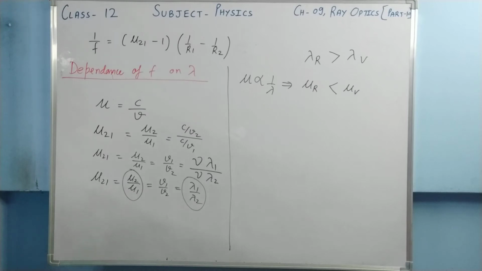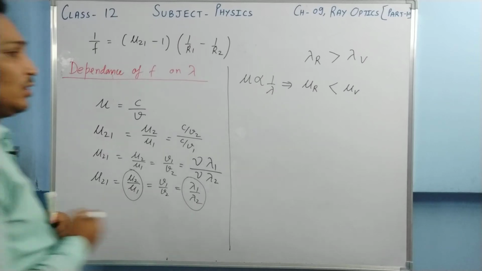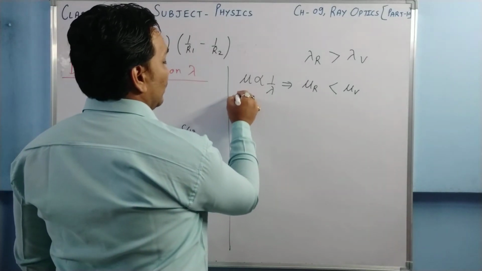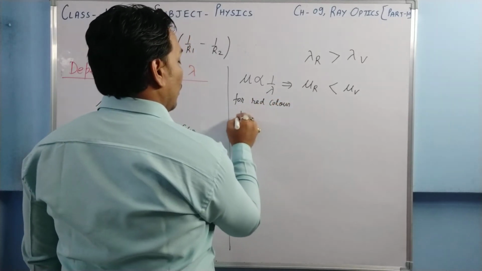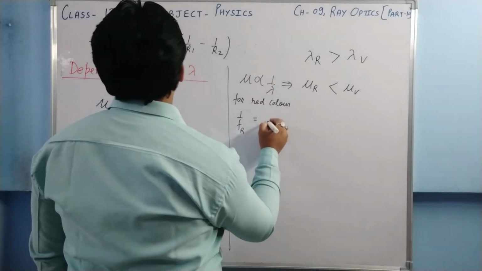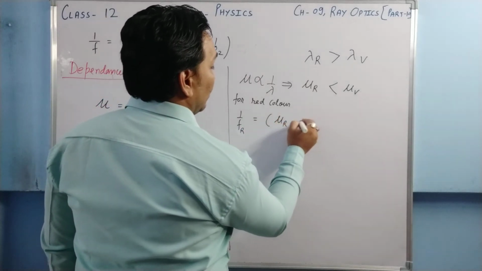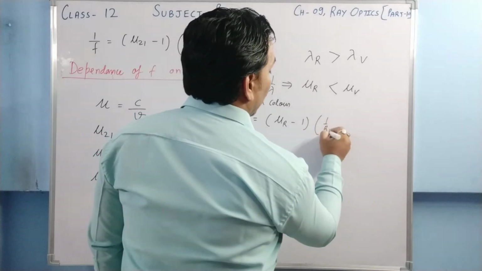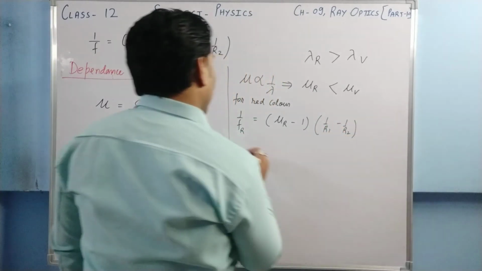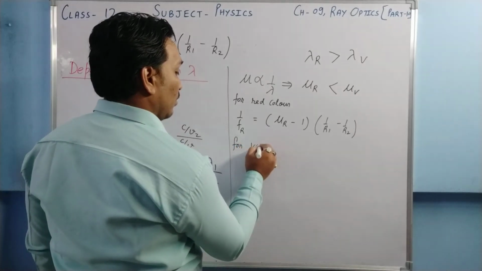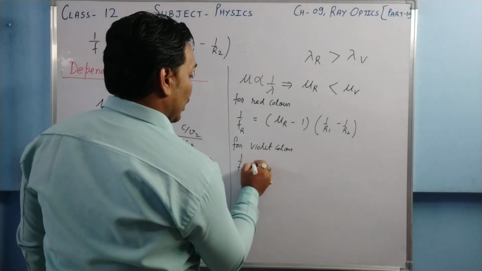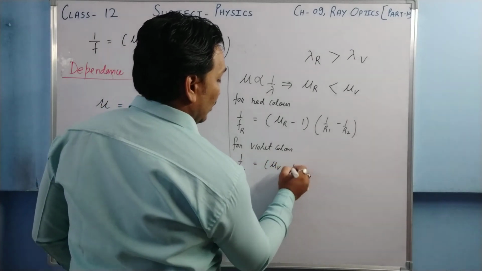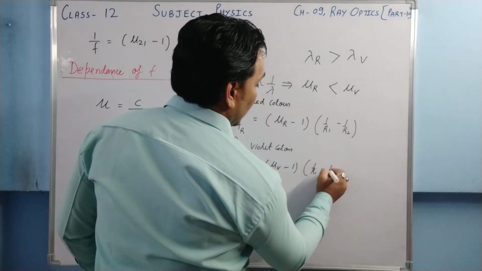Now I'm going to calculate the focal length for red color and the focal length of violet color. Let us see what happens. For red color, 1 upon f_r is equal to (mu_r minus 1) times (1 upon r1 minus 1 upon r2), and for violet color, 1 upon f_violet is equal to (mu_violet minus 1) times (1 upon r1 minus 1 upon r2).